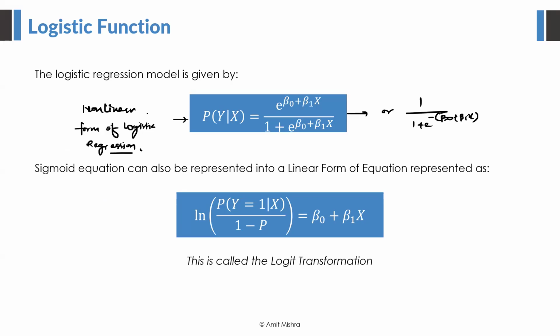This is your sigma, which represents logistic regression, and they return the probability part. This and this are the same. This can also be further simplified as 1 upon 1 plus e to the power minus z, where z is beta naught plus beta 1 into x. Both of them are the same.